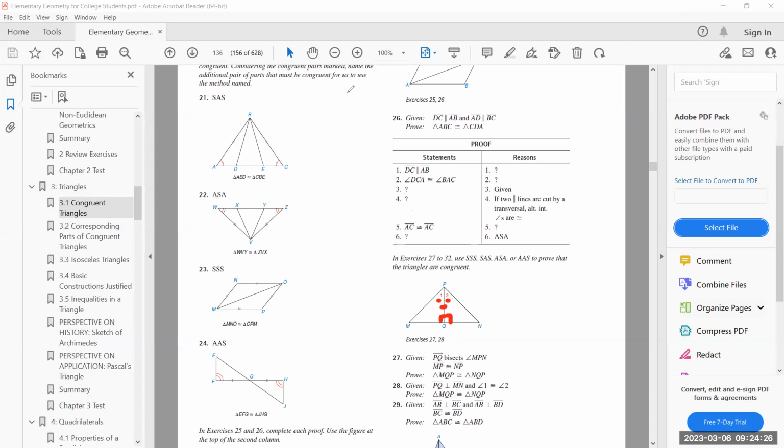Let me suggest that when you do this, we're going to clear the drawing. Let me clear it.